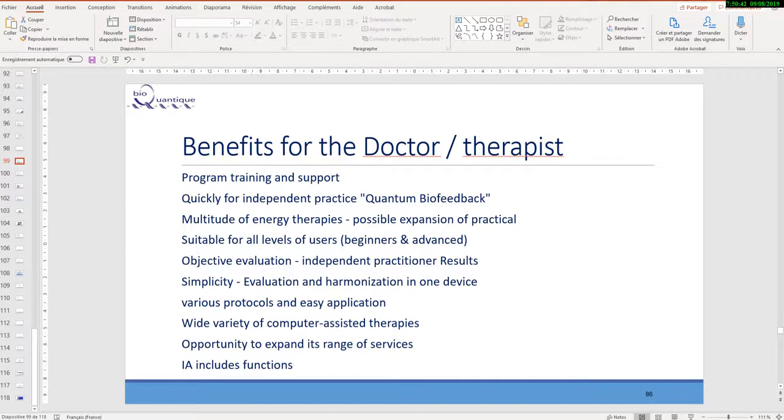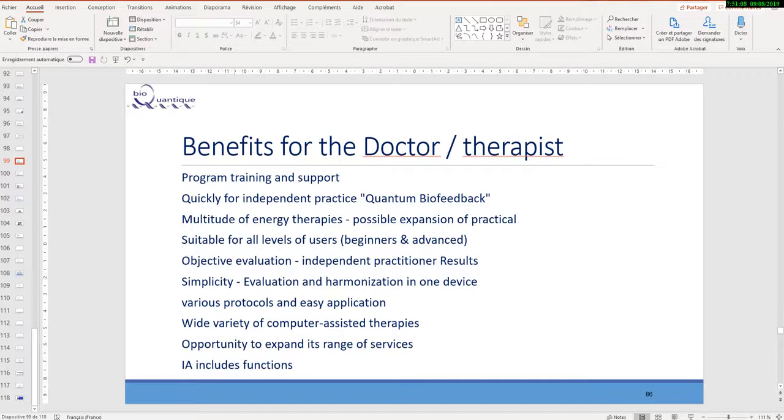We can quickly set up an independent practice. There is a multitude of energy-free therapies, so we can expand our practice. It's suitable for all levels of user, beginners or advanced, or experienced. The test allows an objective evaluation that is independent from the practitioner.